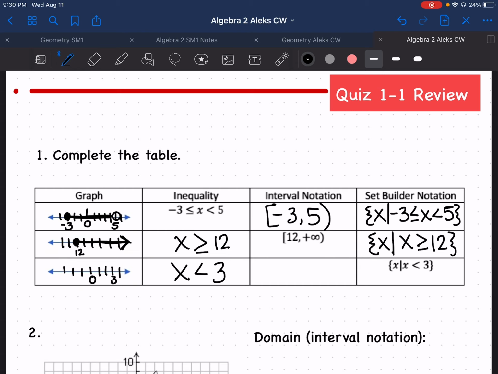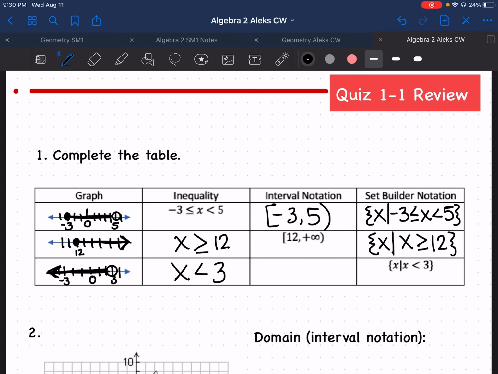And then I could put some other negative numbers. Maybe I could label -3 as well. We have an open circle at 3, and we said we were going to shade on towards negative infinity. Please just make sure that I can see your shading and I know which way you're heading.